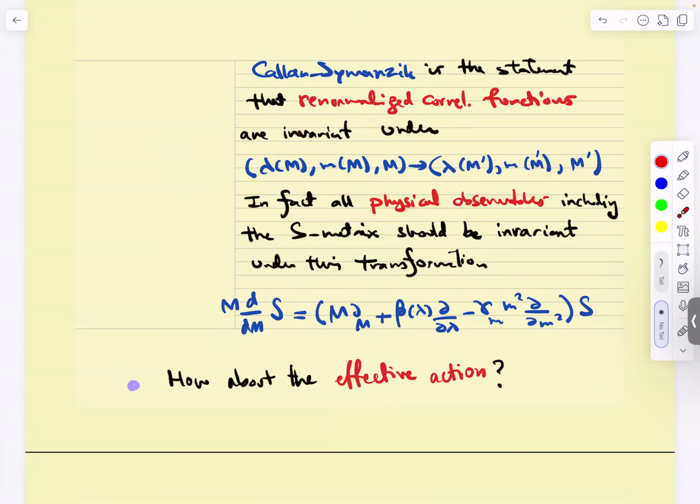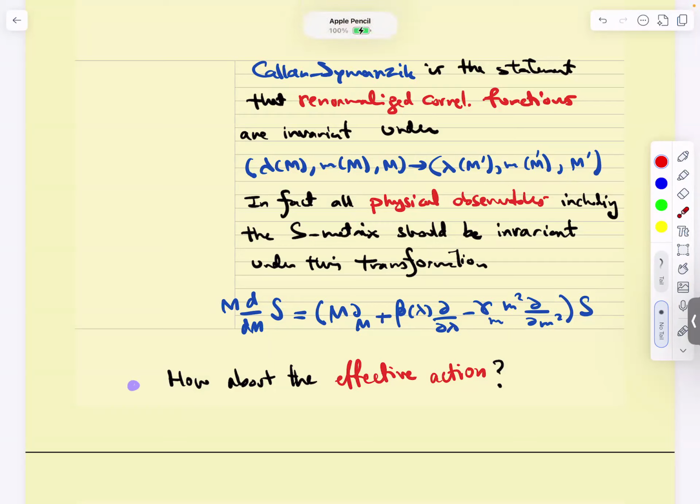The renormalized correlation, this statement is a little bit imprecise, right? The renormalized correlation function, once you take into account the running of the wave function normalization, then it would be invariant, right? In fact, all physical observables, including the S matrix, must be invariant under this transformation.